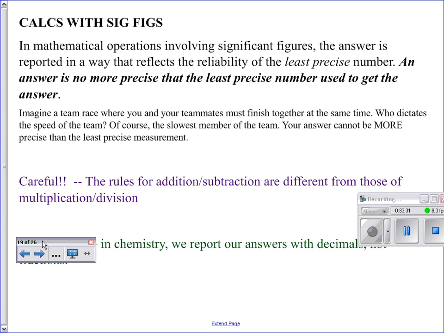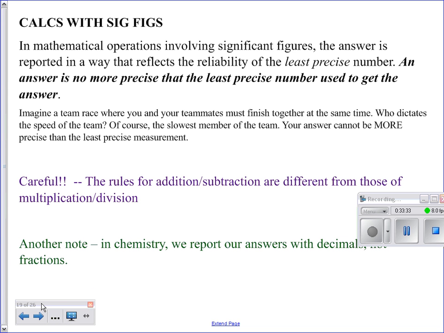Okay. Now we want to think about calculations with these. When we go through doing mathematical operations with these things, we're going to see that the answer reflects the reliability of the least precise number. In other words, an answer is no more precise than the least precise number that's used to get that answer. It's just like if you had a team that was racing and you must finish together.